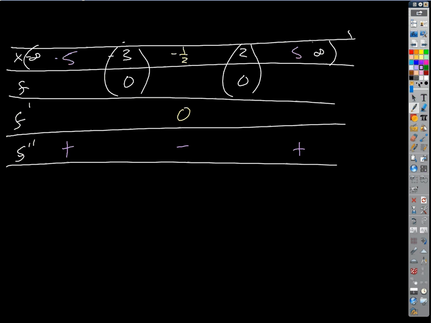So what is this guy then? What's the 0 of our first derivative mean? The 0 of our first derivative always means horizontal tangent, good. And I have a negative concavity, so that's a maximum, right?